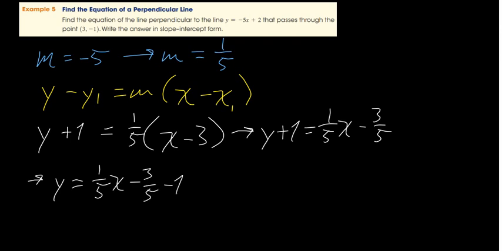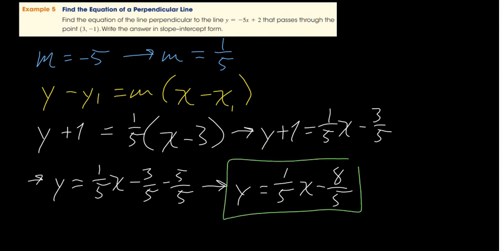We have to combine these two numbers, so how do we write the number 1 with the denominator of 5? That's easy, that's 5 over 5. So we just write minus 5 over 5. What is negative 3/5 minus 5/5? Well, negative 3 minus 5 is negative 8, so we're going to have negative 8/5. So y is equal to 1/5 x minus 8/5.